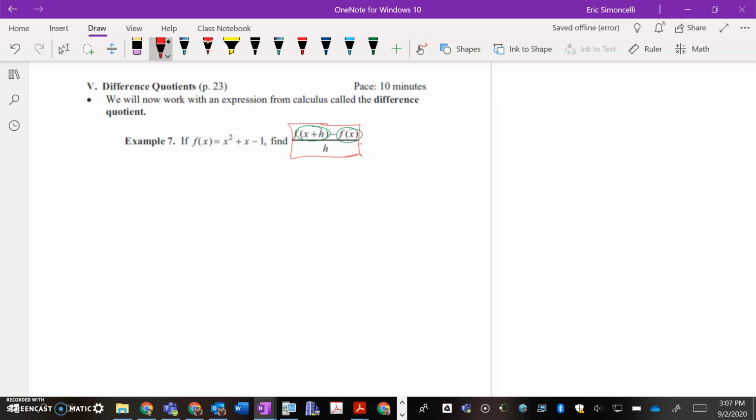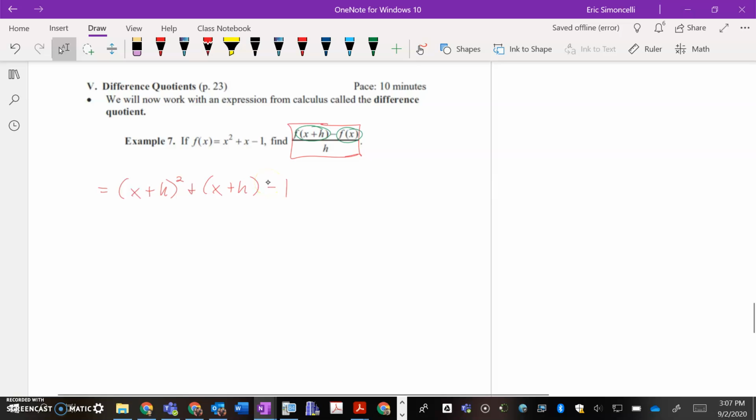So what I'm going to do, because the difference quotient looks pretty much as what you see there, you're going to quite literally take x plus h and substitute it in wherever you see an x. Because again, you are using that input into this f of x function, x squared plus x minus 1.